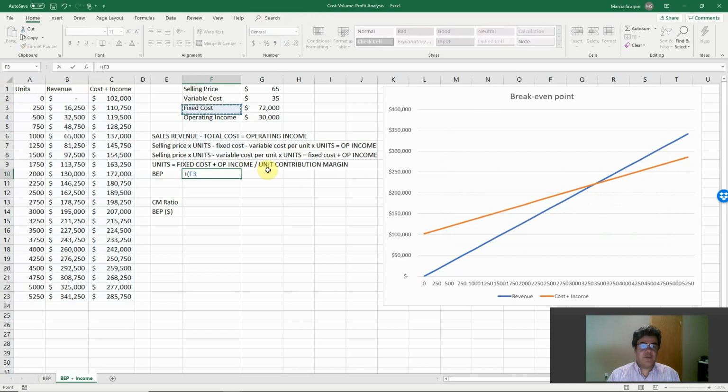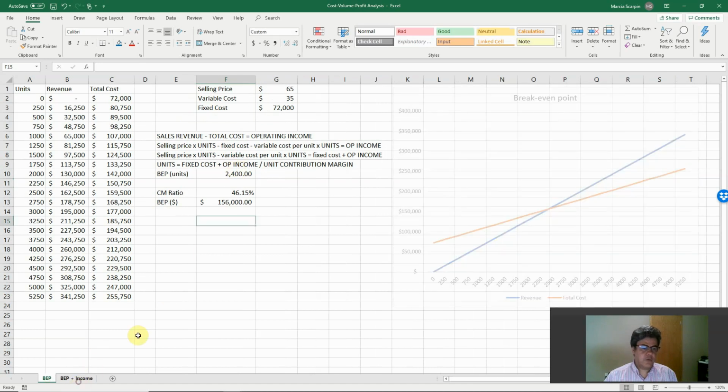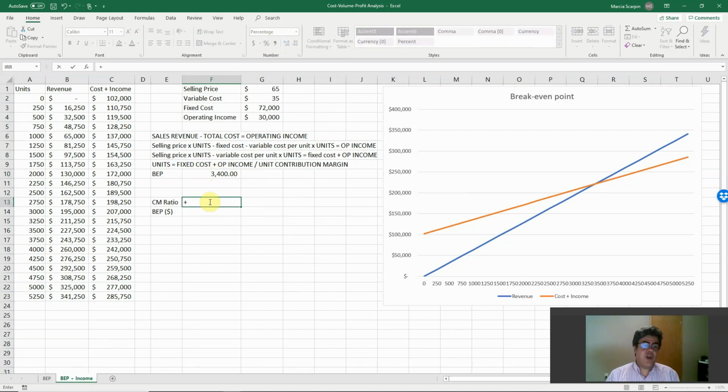Fixed cost, sorry, plus operating income divided by unit contribution margin. 65 less 35. It is, whoops, it is not money here, it is units. 3,400, almost 3,500.